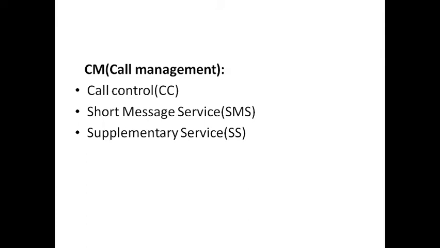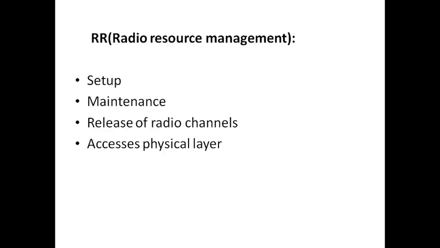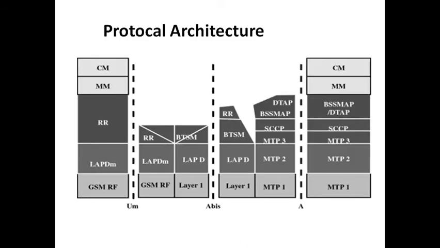And the next one is PCM. PCM is situated in the third part of the protocol architecture. Here it is not written, but PCM is one of the important things situated in the protocol architecture.